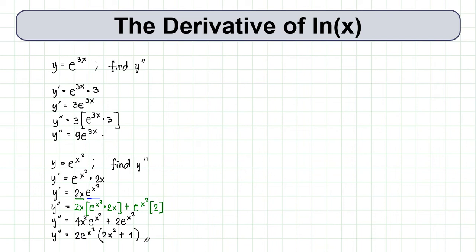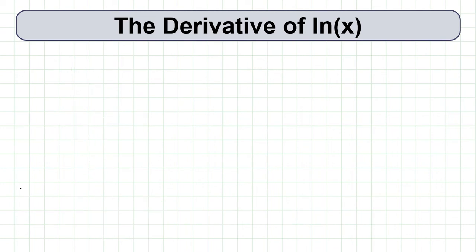Okay? So, ganun lang siya. Medyo madaling sundan itong e to the x kasi nga, ulit-ulit lang siya. Okay? So, that's it. Let's move on to the next function. So, yung ating next function is to find the derivative ng logarithmic or ln ng x. Okay?